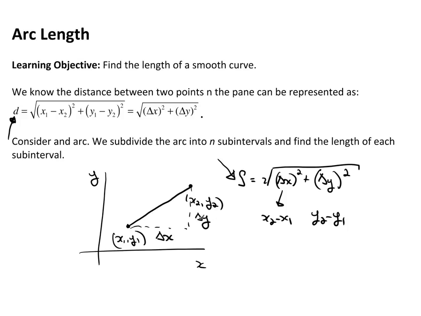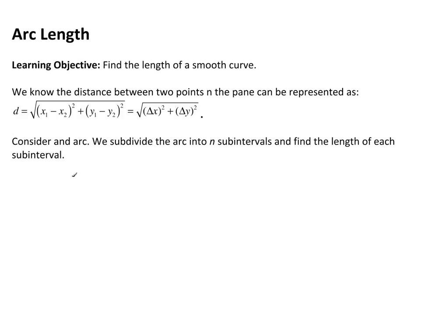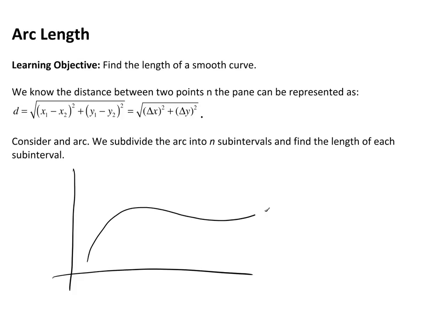It just is. So finding the distance between two points is easy, but what if I don't have two points? What I have is some curve, maybe like this, and I want to figure out how long this curve is. Well, if I break this up into pieces, maybe a piece like this, a piece like that, a piece like this, each of these will have a delta x.